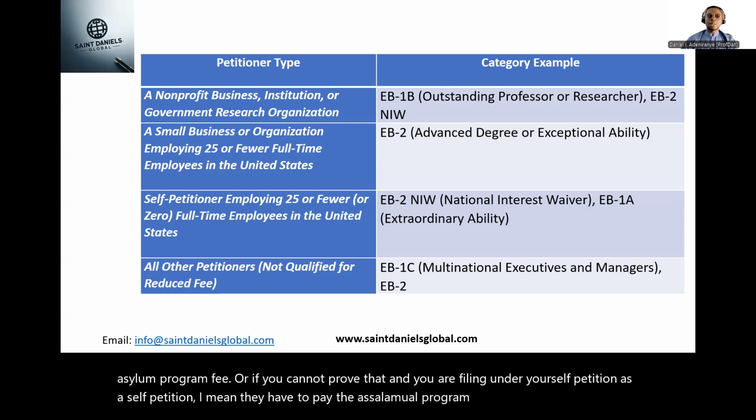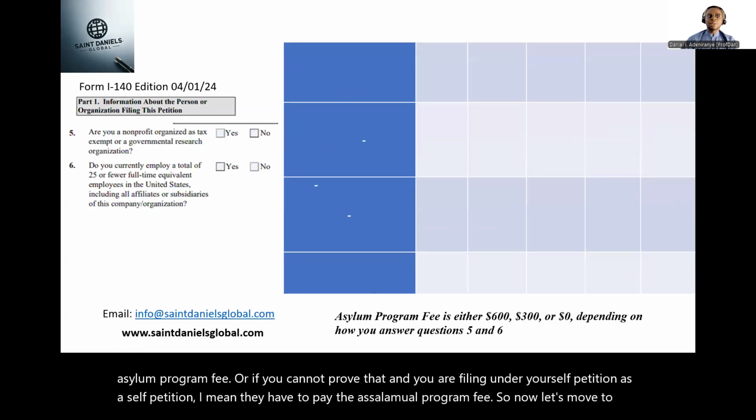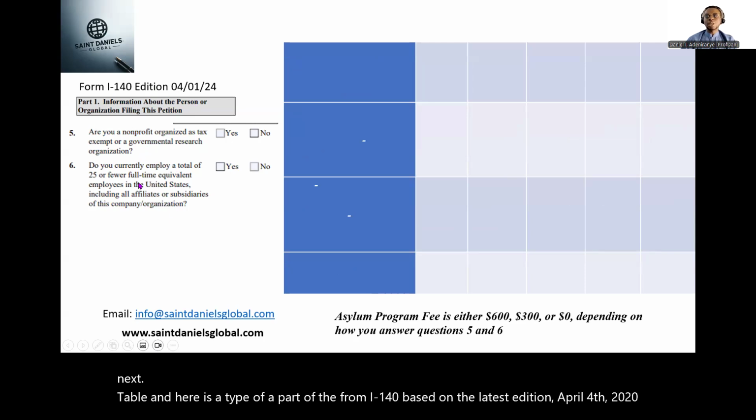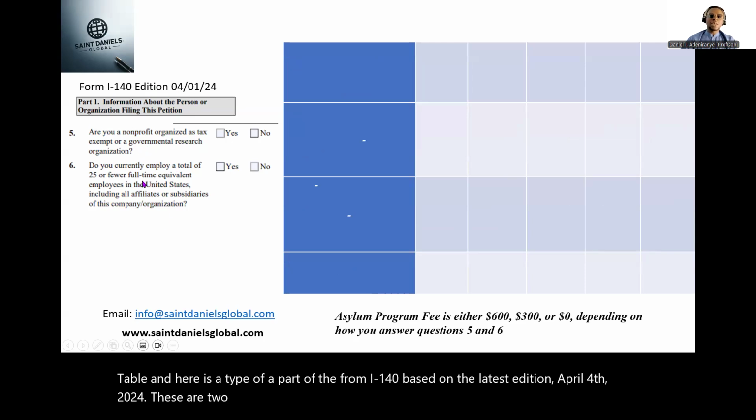So now let's move to the next table. Here is a part of the Form I-140 based on the latest edition, April 1st, 2024. These are 2 key questions you will find in Part 1, page 1 of 7.